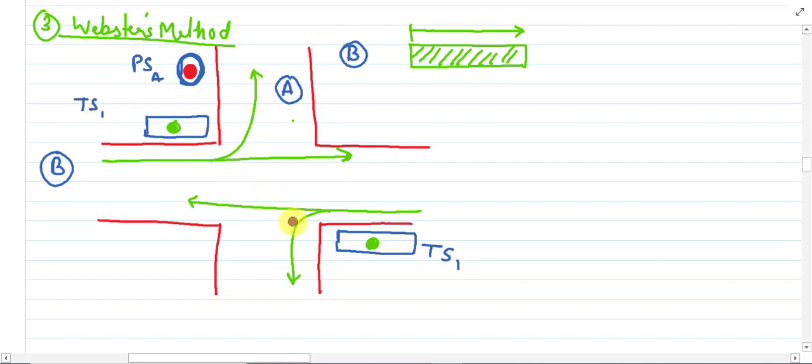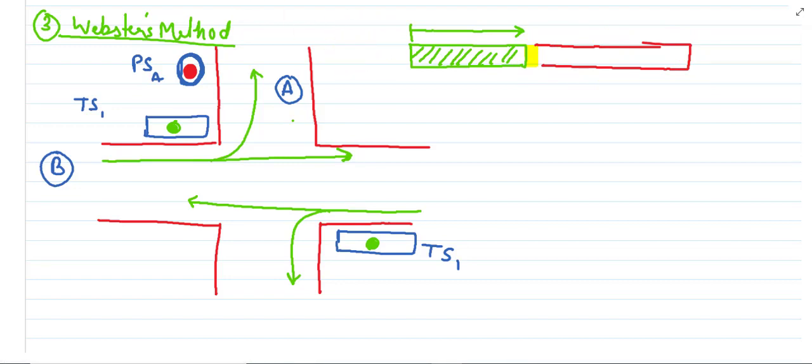You can see this in the line diagram. After that we have clearance time, and after this clearance time we have red time for road B. This is the phase diagram for road B. So don't get confused here.